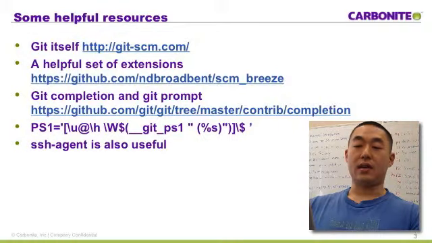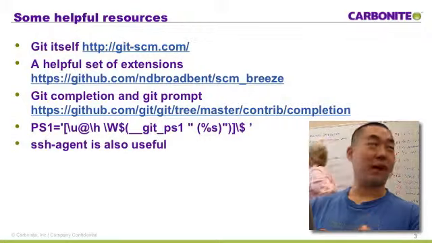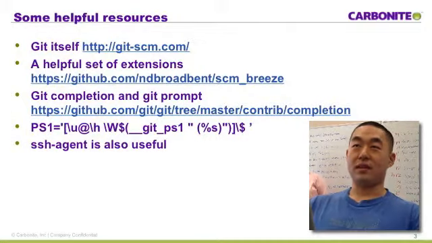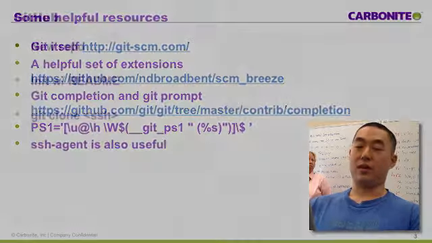There's also Git completion and Git prompt. The completion allows you to do tab completion on things like branch names, tag names, etc. So it'll speed things up. And if you configure your bash prompt properly, the prompt will also show you the branch name in parentheses. It just helps quite a bit.